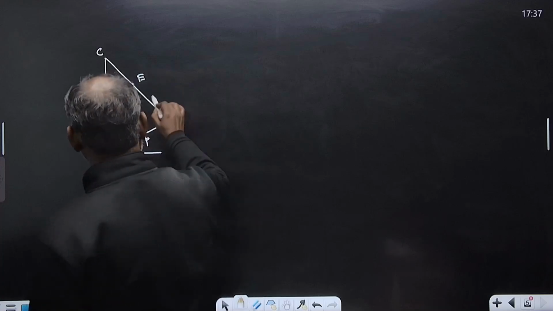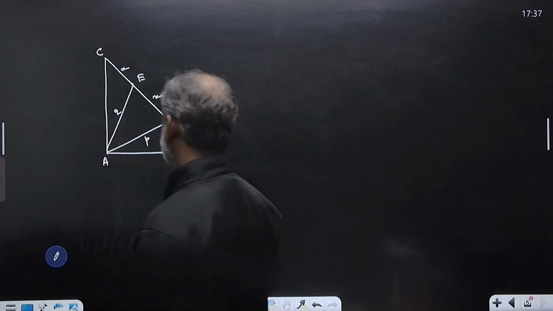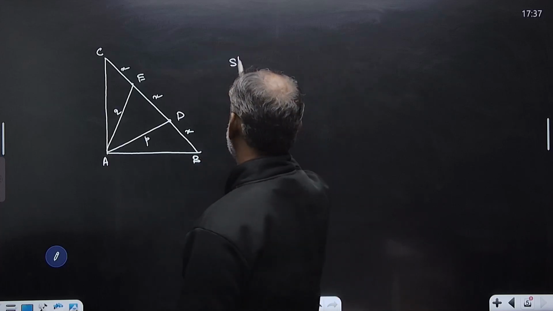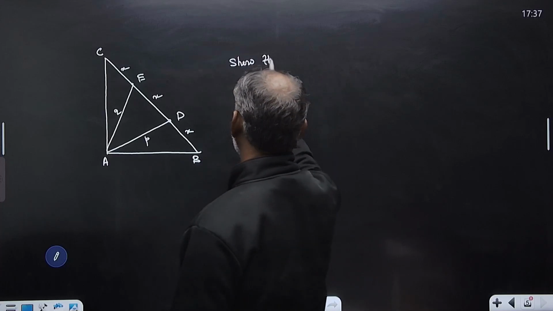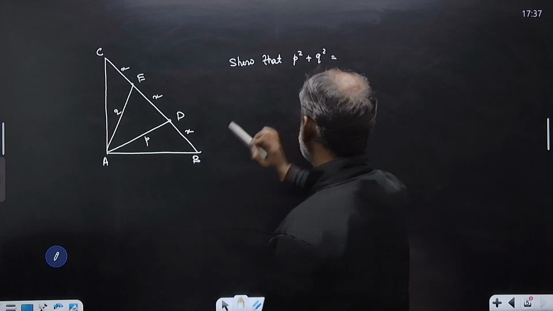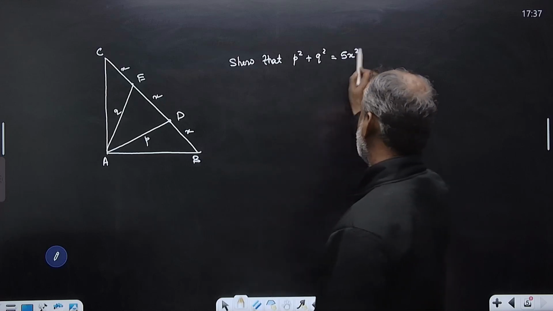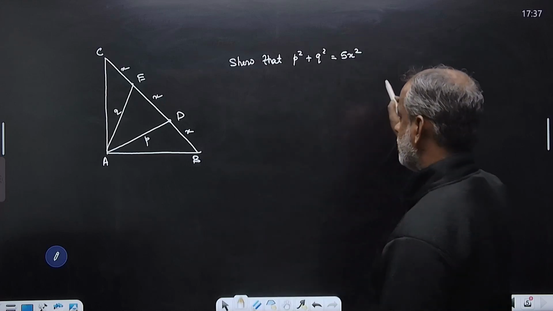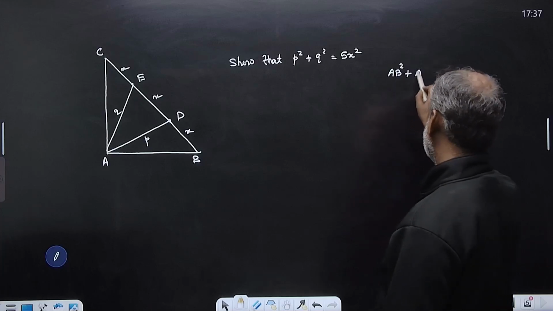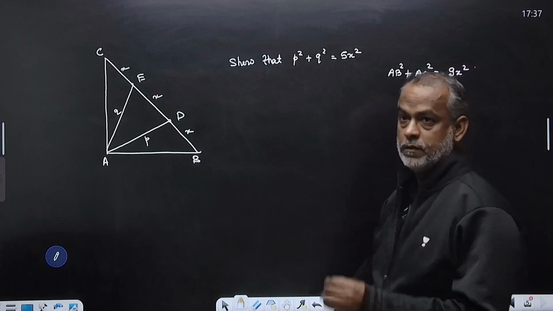And this length is x. So we have to show that p square plus q square is 5x square. What we already know is that AB square is 9x square.